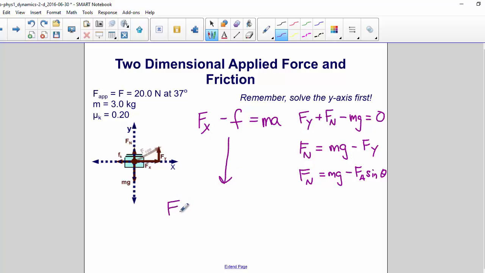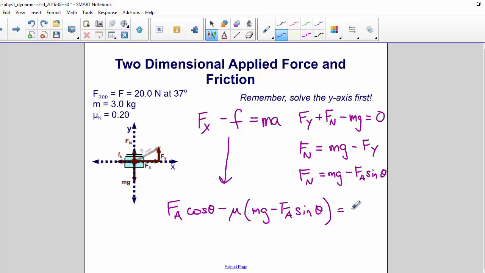So F in the x direction is force applied times the cosine of the angle minus the force of friction, which is mu times the normal force. And the normal force is mg minus F_a sine theta.